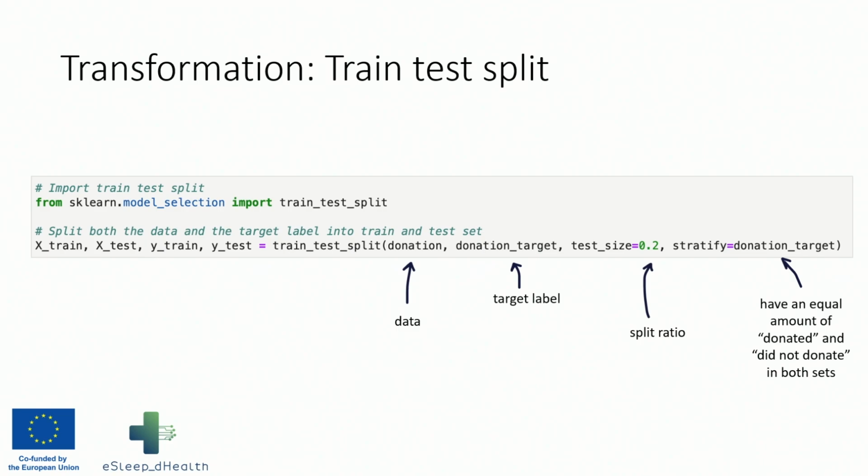And then, if you remember the slide about stratification from the last session, we also want to stratify the split by the classification target. Okay, so this is the blood donation example. Here we want to have an equal amount of people who donated and who did not donate in all of these different splits.